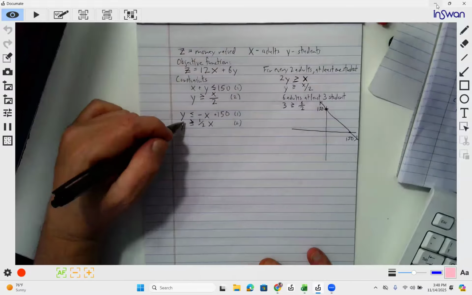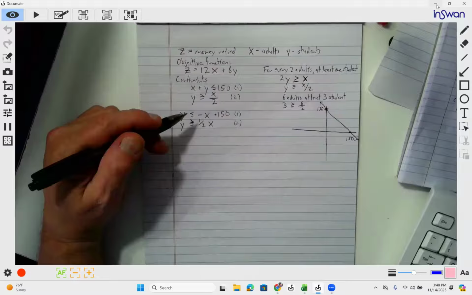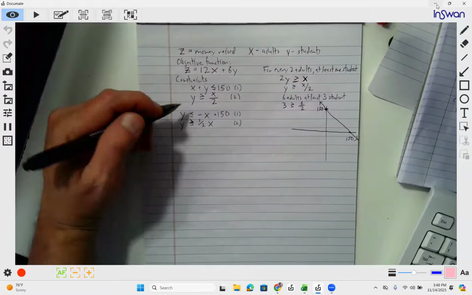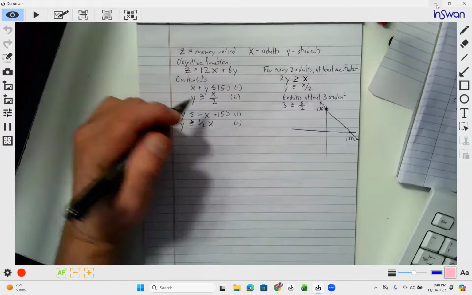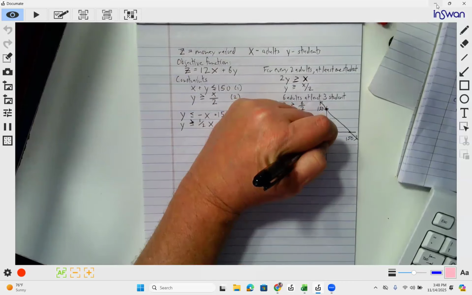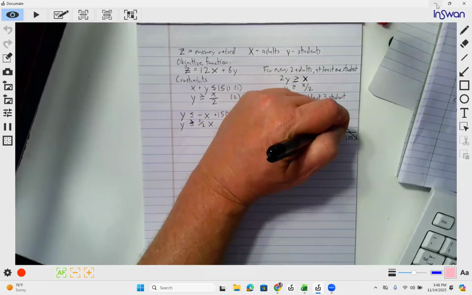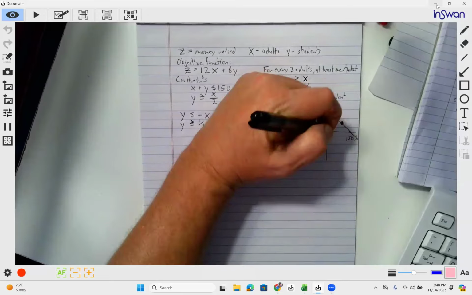And then my other constraint is it's got to be greater than or equal to 1/2 x. So that means I've got a y-intercept of 0. And I'm going to go up 1, right 2, up 1, right 2, up 1, right 2. So it probably looks something like this.